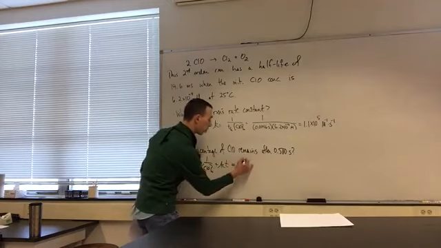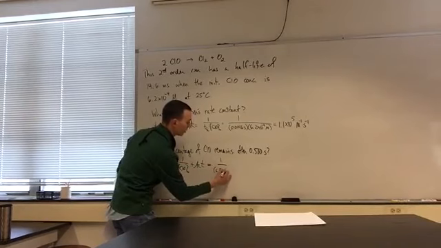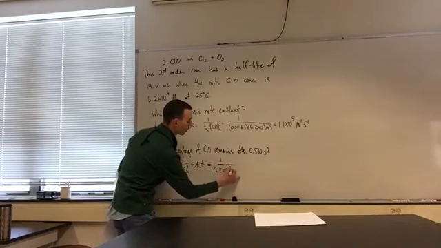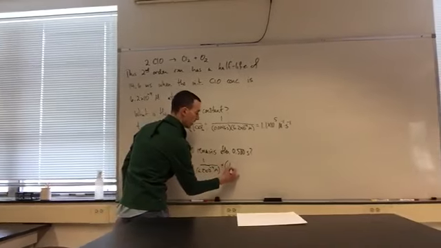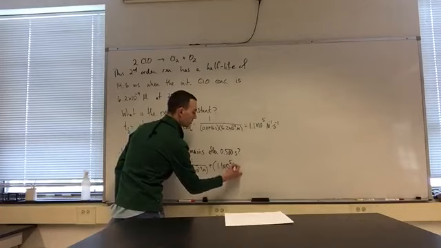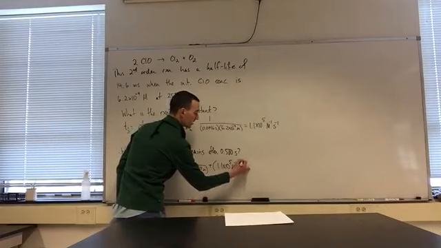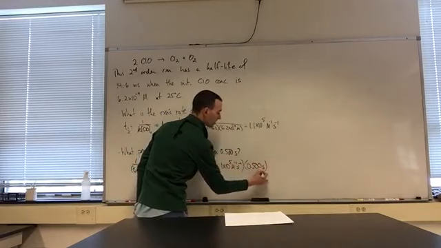So we would have 1 over the initial concentration, 6.2 times 10 to the minus 4 molar. Okay. Plus then, we just found the rate constant, 1.1 times 10 to the 5th reciprocal molar reciprocal seconds. Now multiplied by this half second, 0.50 seconds.